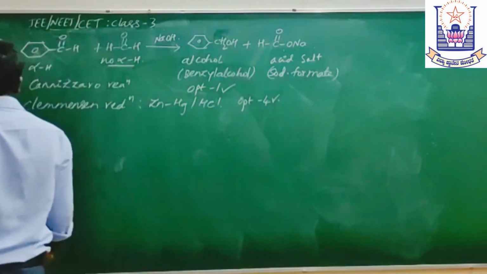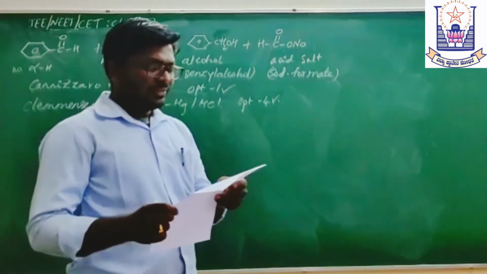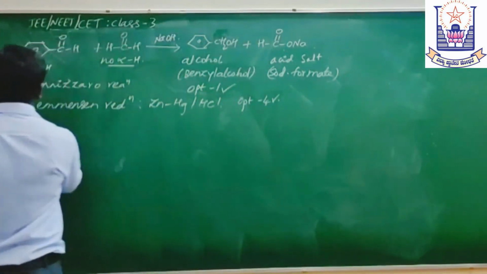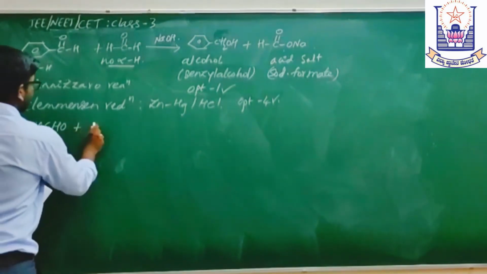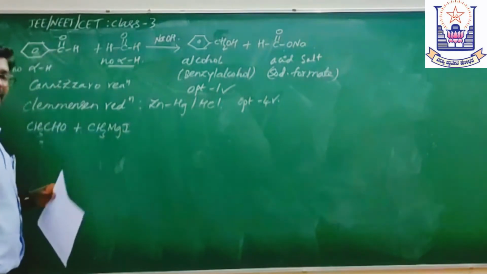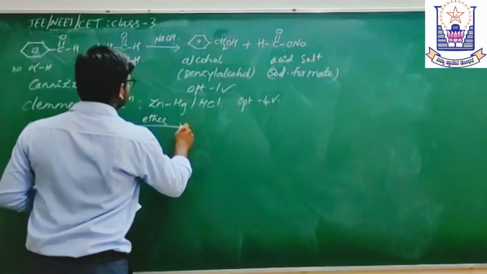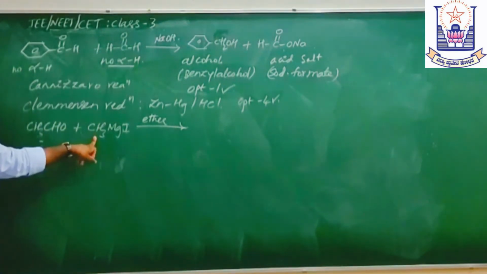Now come to question number 8. Identify the product Y in the sequence. Let us see the sequence: CH3CHO plus CH3MgI, when treated in the presence of an ether as a solvent. See, this is a carbonyl compound and this is the Grignard reagent.